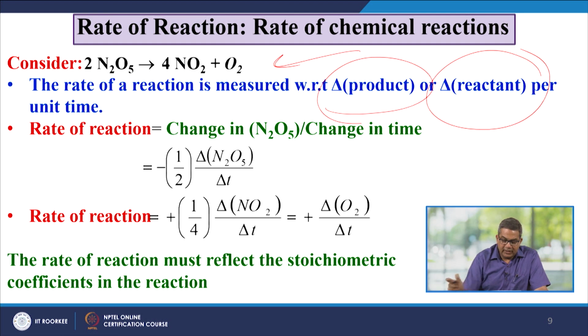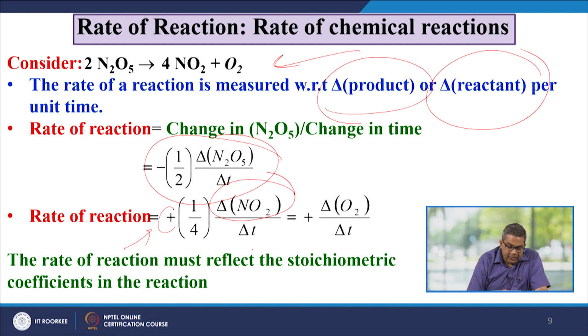So, the rate of reaction, that is the change in N2O5 over change in time, comes out to be minus 1 upon 2 into delta N2O5 over delta T, that is the change in the concentration of N2O5. Now, the rate of a reaction is also given by 1 over 4 into the change in the concentration of NO2 over delta T. The plus sign designates that NO2 is being produced, and the negative sign for N2O5 is because N2O5 is being consumed over the period of time.